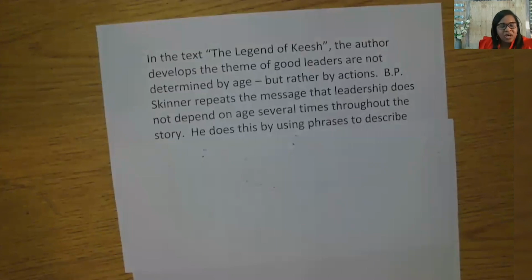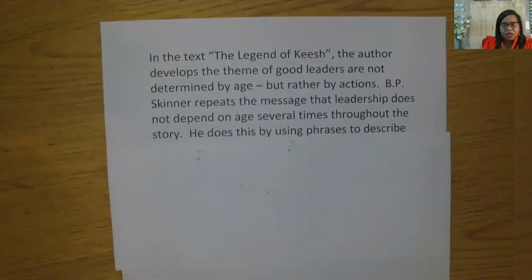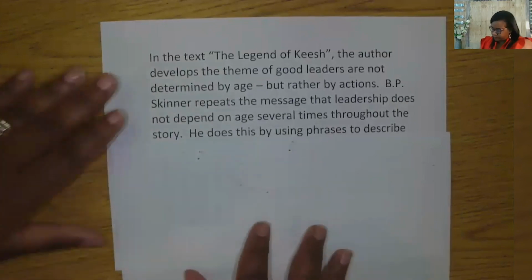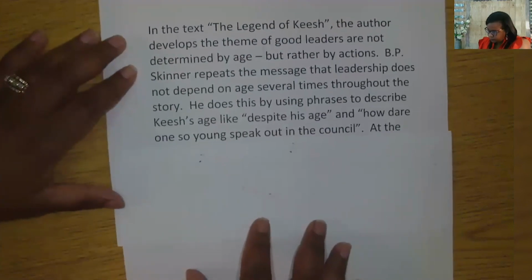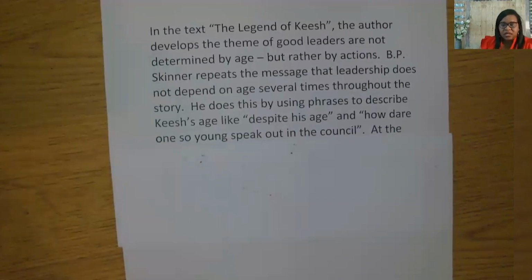I think I want to talk now about how the author emphasized that Keesh was young through his words. How might that become a sentence? I wrote, he does this by using phrases to describe Keesh's age, like despite his age, and how dare one so young speak out in the council.